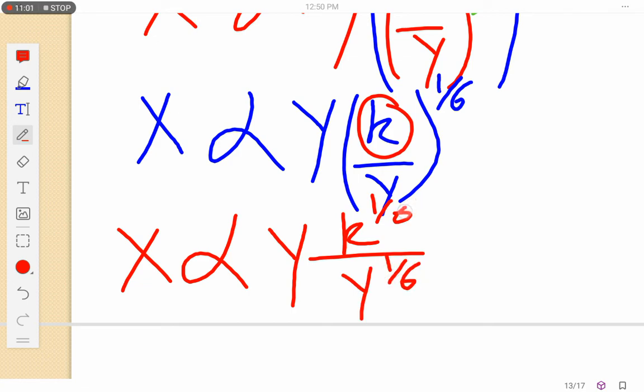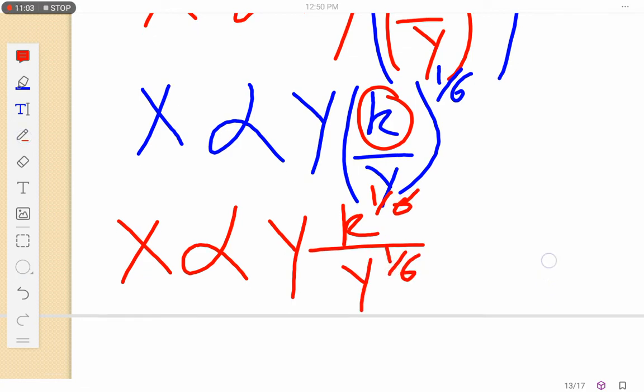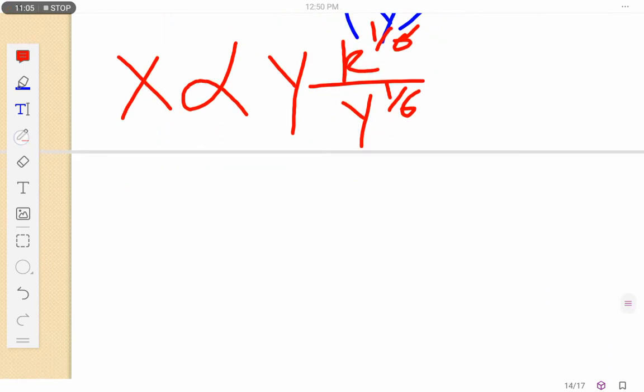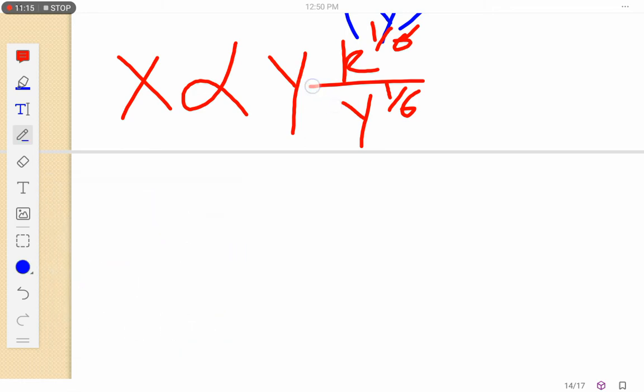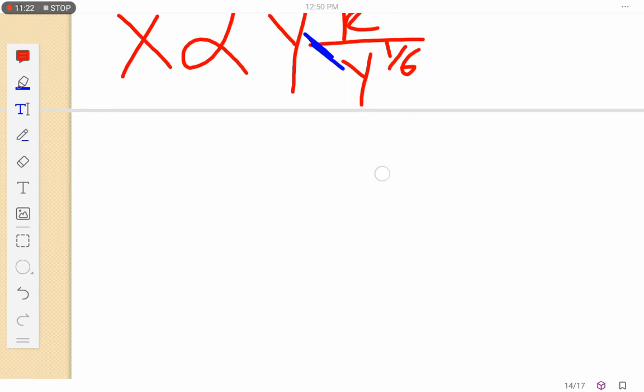That's what I'm doing to separate these two. Now before I take away my k, I can simplify the values of y there. These two y's there.